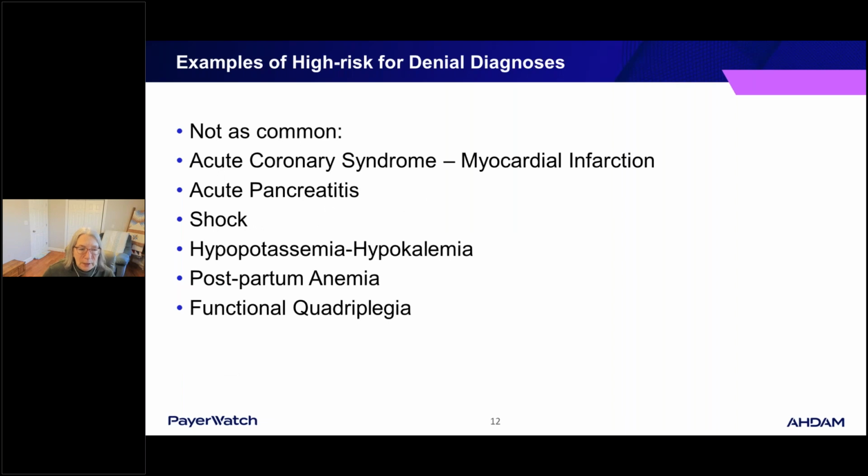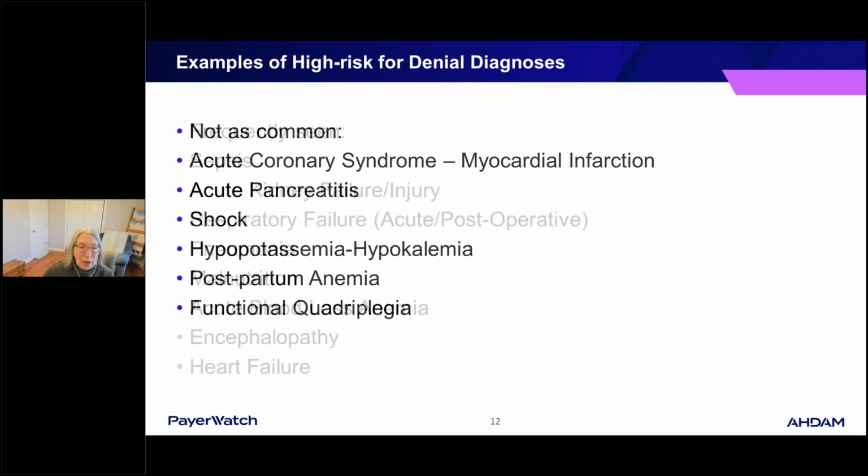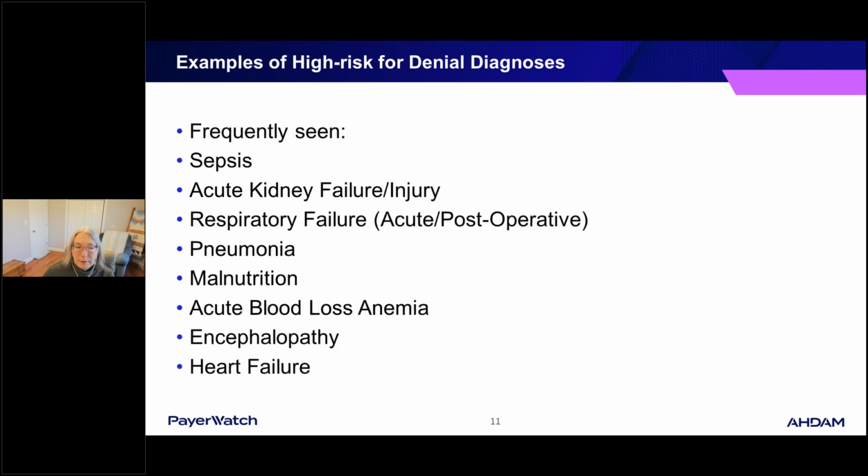And then these are some that we see, but not as commonly. So if you are in the denial and appeal management part of the revenue cycle, it would behoove you to create some appeal letter argument templates to use, if you haven't done that up to this point, for at least the ones that are most commonly or frequently seen.